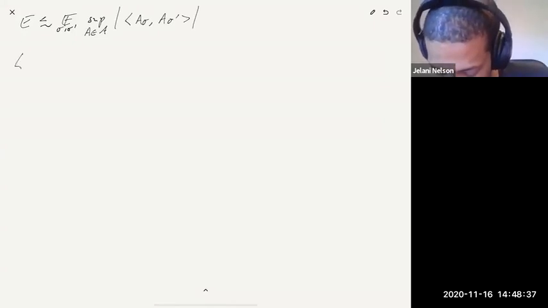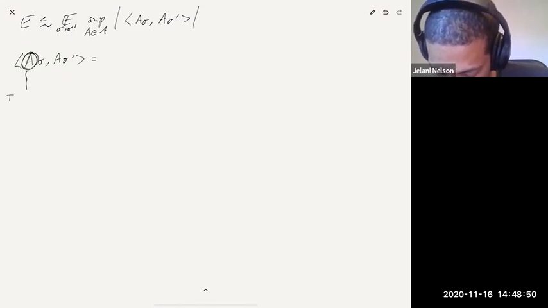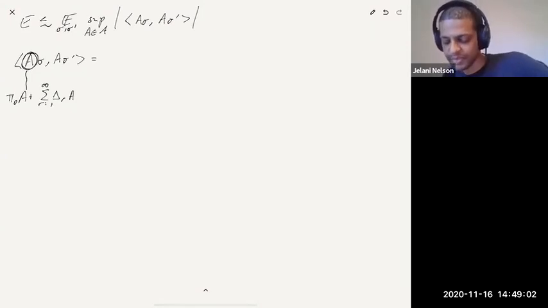I claim that for any fixed a, a(sigma) dot a(sigma prime) is equal to the following. So remember now, I can write a as pi_0 a plus the sum r goes from 1 to infinity of delta_r a. This is that same telescoping sum thing I did before when I was proving Dudley's inequality.